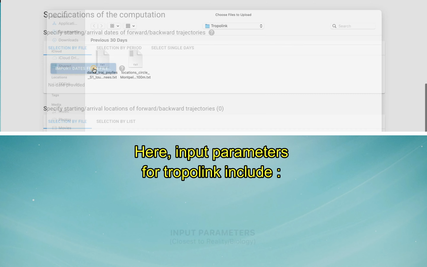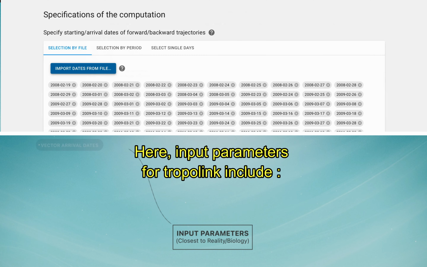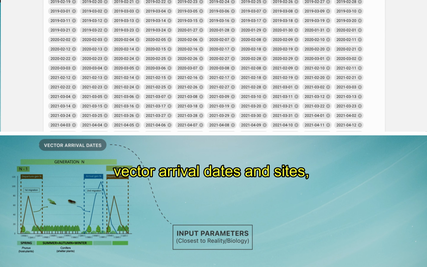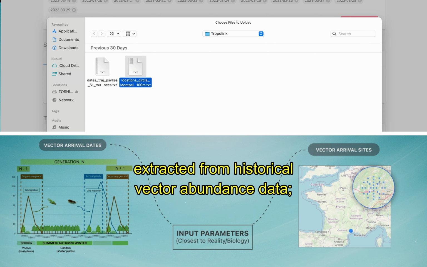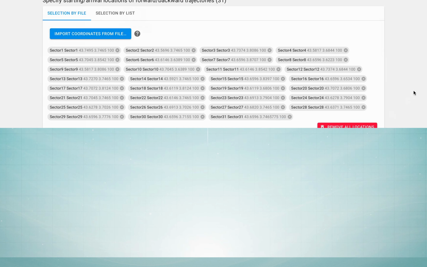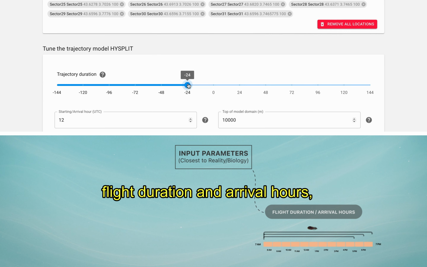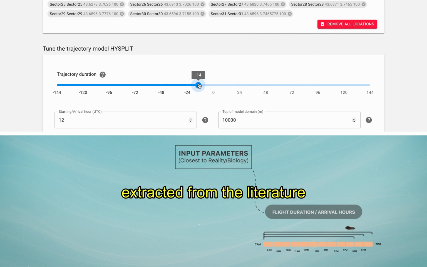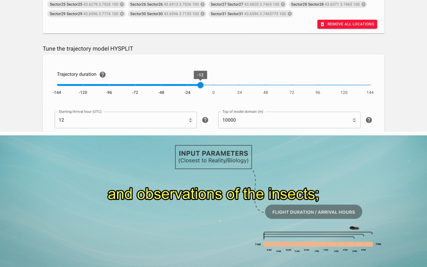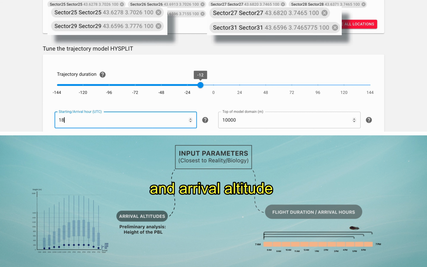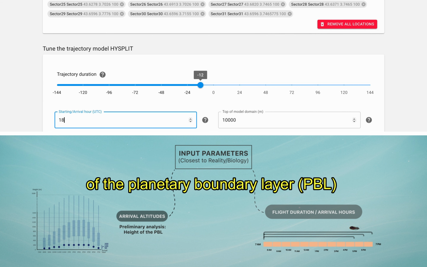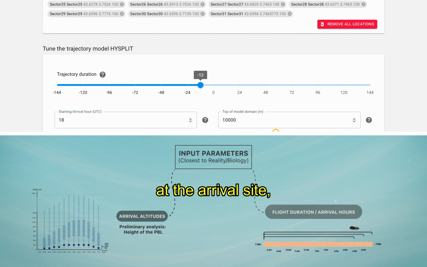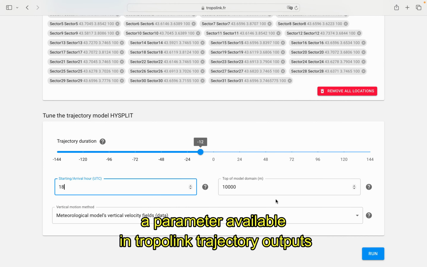Here, input parameters for Tropolink include vector arrival dates and site, extracted from historical vector abundance data, flight duration and arrival hours, extracted from the literature and observation of the insects, and arrival altitude, determined through study of the height of the planetary boundary layer at the arrival site, a parameter available in Tropolink trajectory outputs.